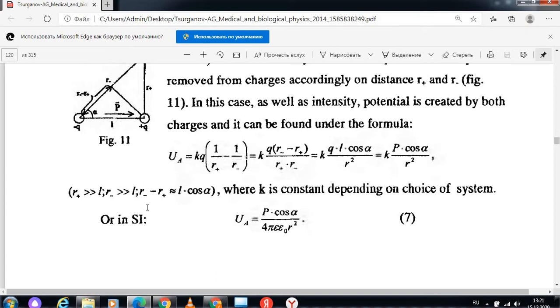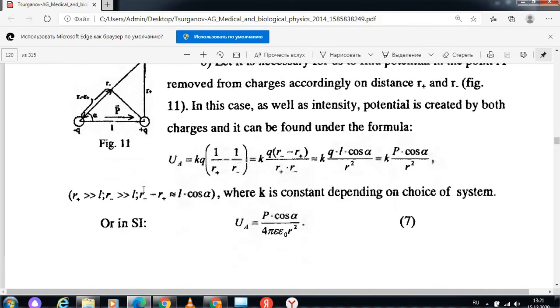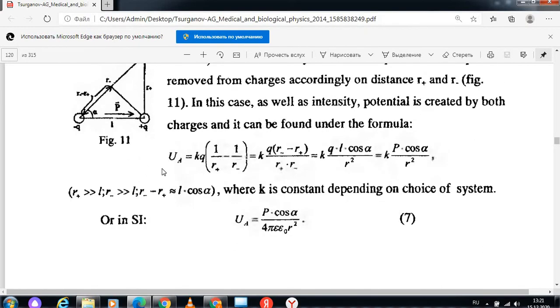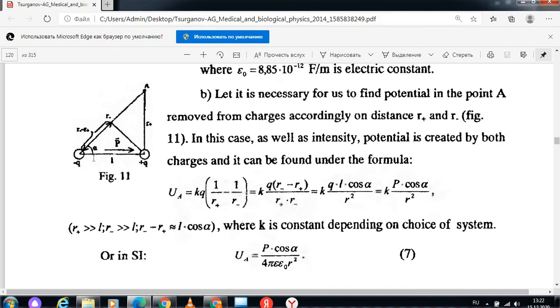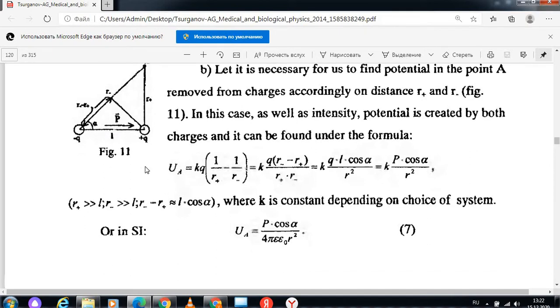So you could show that the difference between r minus and r plus will be L multiplying by cosine alpha. What is alpha? It's the angle between r and the vector of the arm of the dipole.